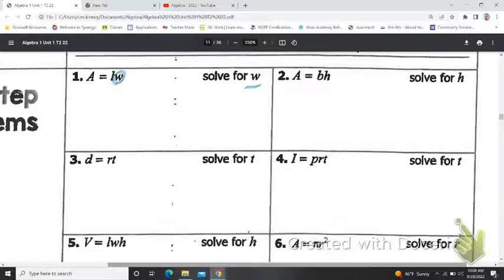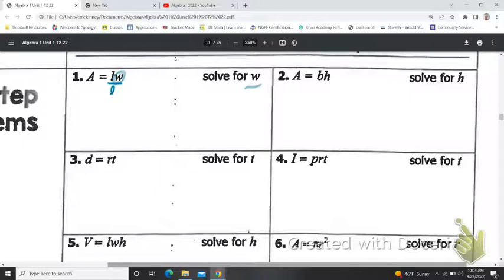So you need to ask yourself, what is currently happening between L and W? Currently, L and W are multiplying, and to undo that, we need to divide. So we will divide both sides by L.